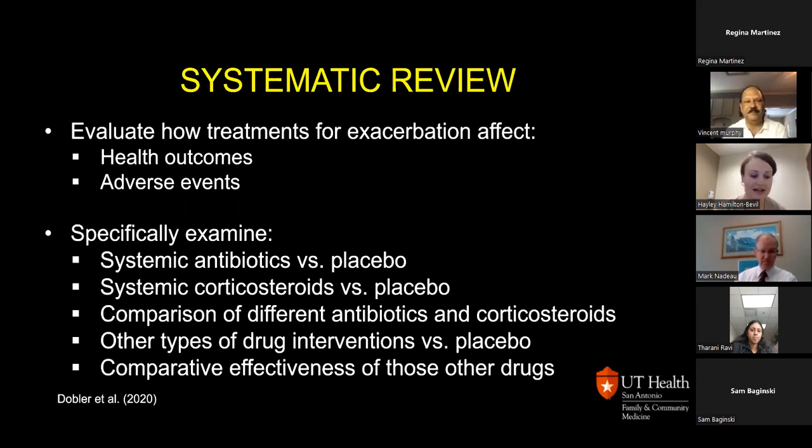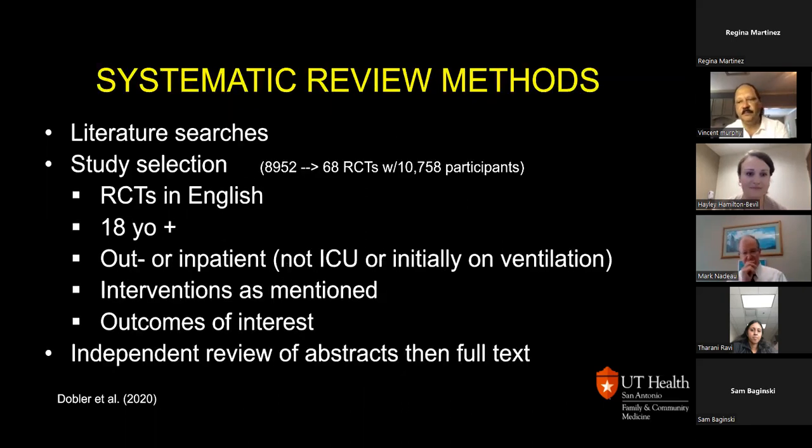Specifically, we're going to look at systemic antibiotics versus placebo or management without antibiotics, and systemic corticosteroids versus the same, either placebo or no steroids. We're going to compare different antibiotics and corticosteroids a little bit. We'll talk about other types of drug interventions like those I just mentioned versus placebo or management without the drug. And then we're going to compare effectiveness of those drugs.